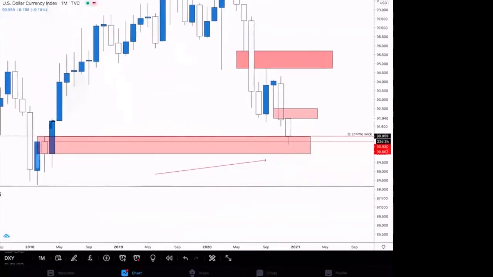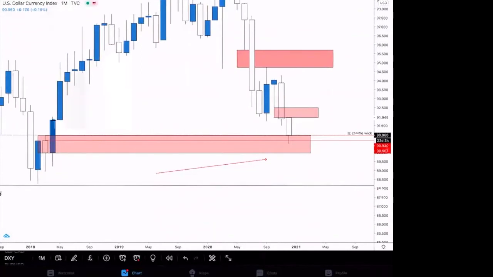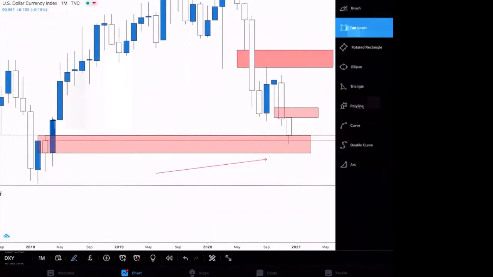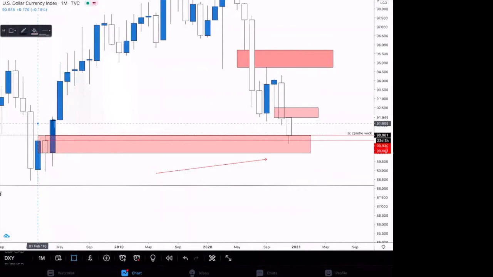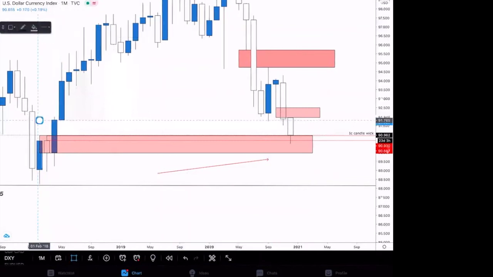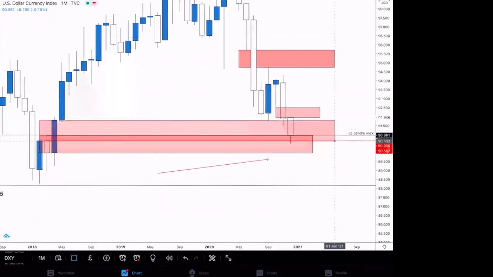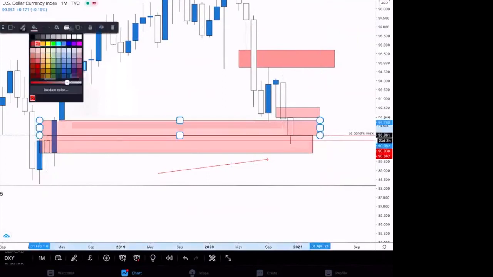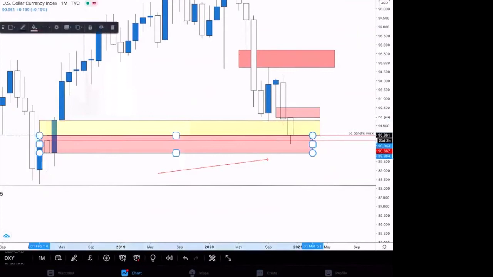But it's the same exact thing we see on the 5-minute, the 1 hour, all of it. This would be your imbalance, and the red would be your institutional candle. You can see that right there.